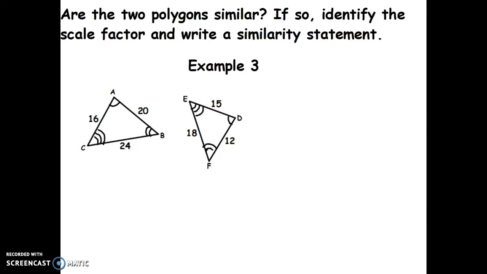Example 3. Again, the first thing that we have to do is check to see that our angles are congruent. So we have 1 arc, 1 arc. So they have a partner, 2, 2, and then 3, 3. Okay, so the angles are congruent. Remember, check that first.